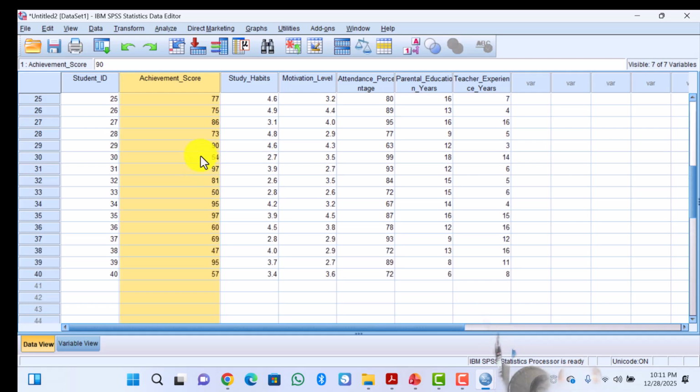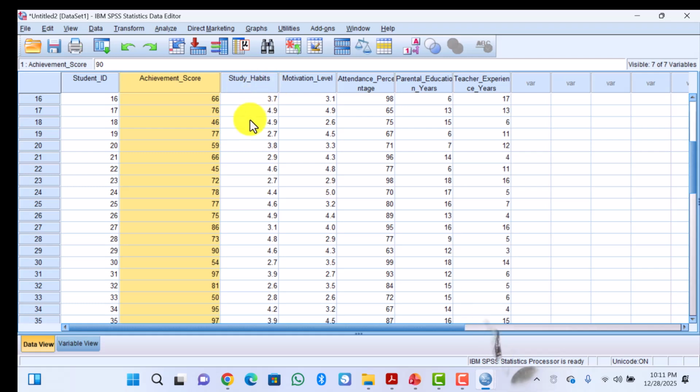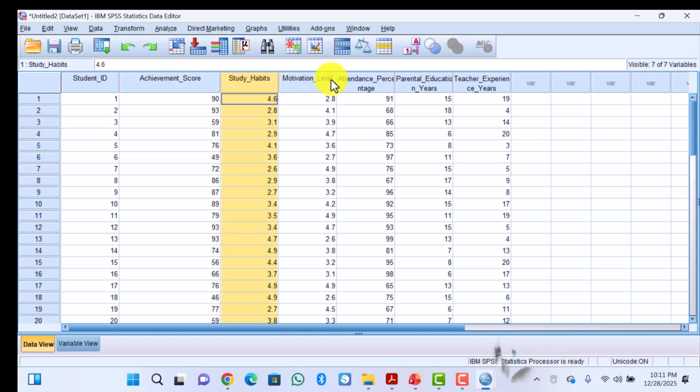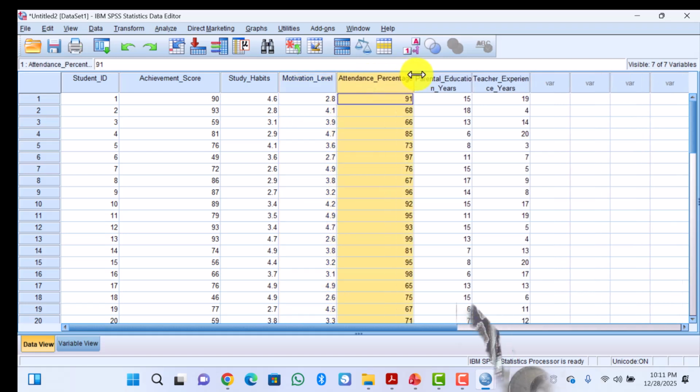The ID is just the ID of those students. We have study habits of the students, motivational level, attendance percentage, parental education in years, and years of experience.